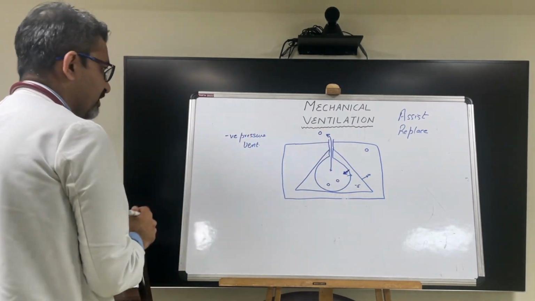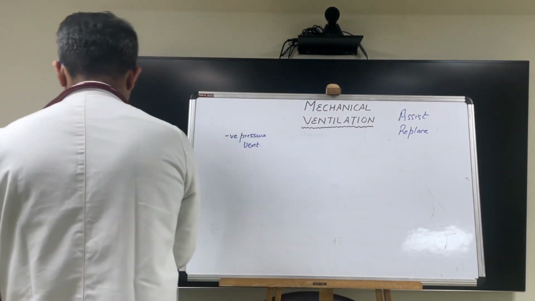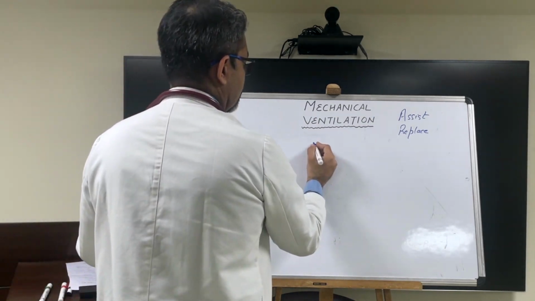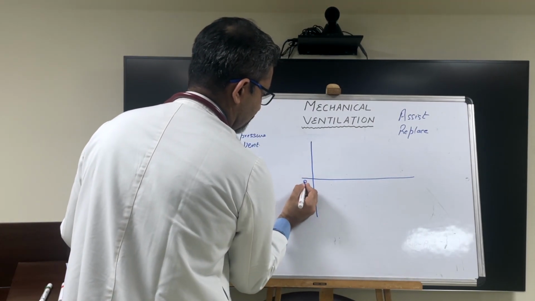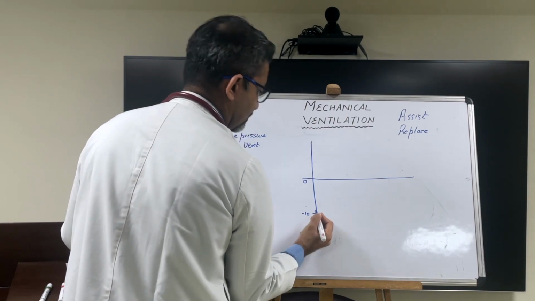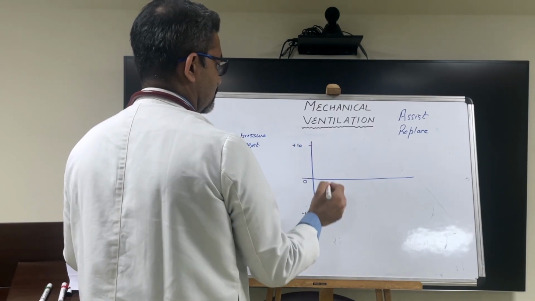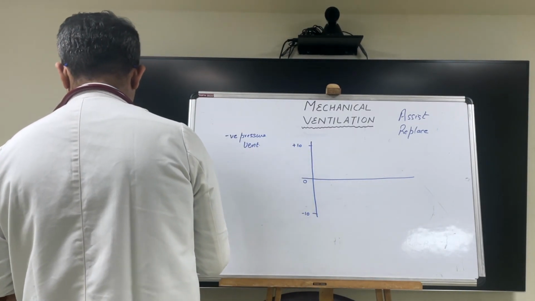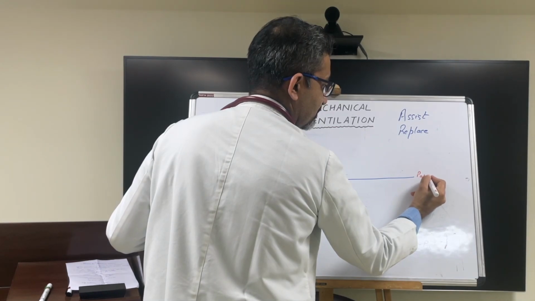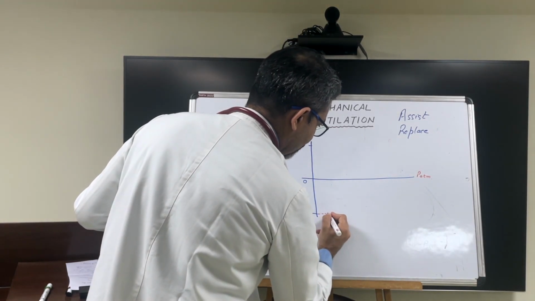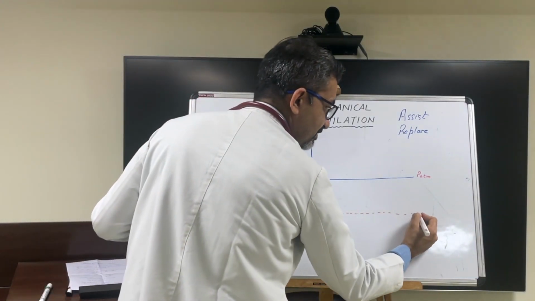Okay, we can plot a graph of negative pressure ventilation. This is 0, this is minus 10, this is plus 10. Zero is atmospheric pressure, P atmospheric. Minus 10 is what you have delivered by ventilation.